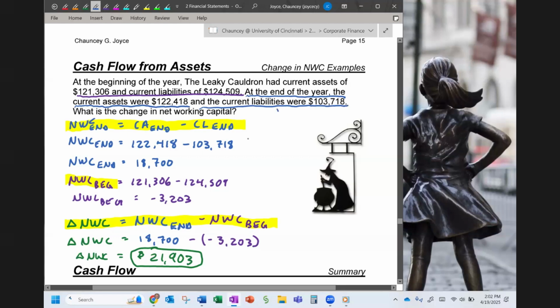That's your ending net working capital, NWC subscript end. That's 18,700. I'm going to need that number, so I'm going to store it. I'm going to go ahead and press store 1.